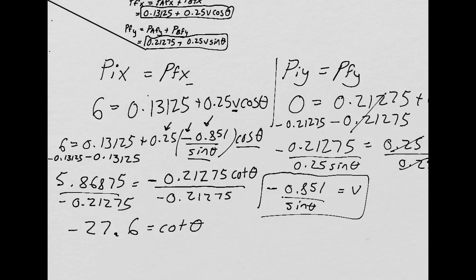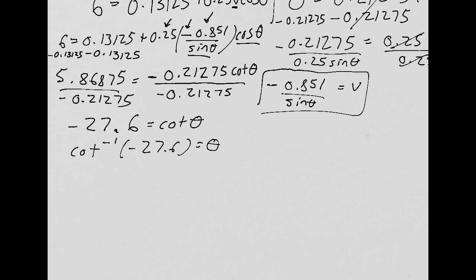So, just like you would do an arctangent, you can do an arccotangent, which I know is gross. So, cotangent to the minus 1 of negative 27.6 is theta, which is negative 2.075 degrees.